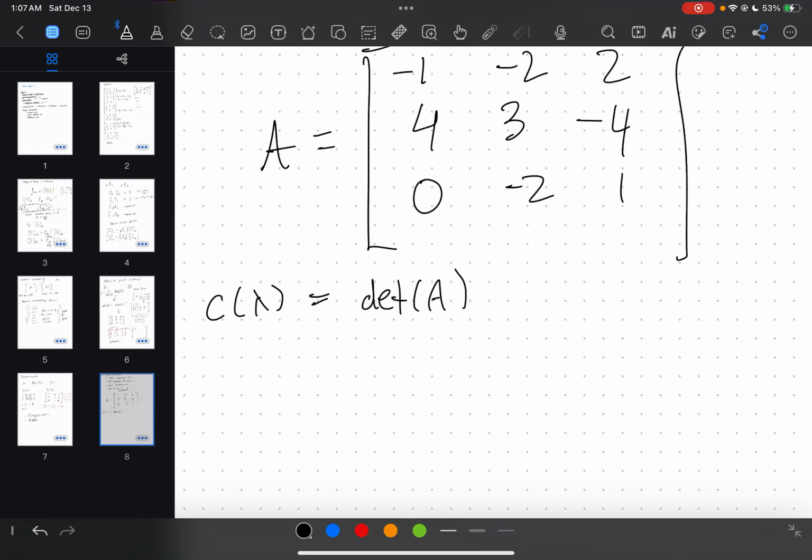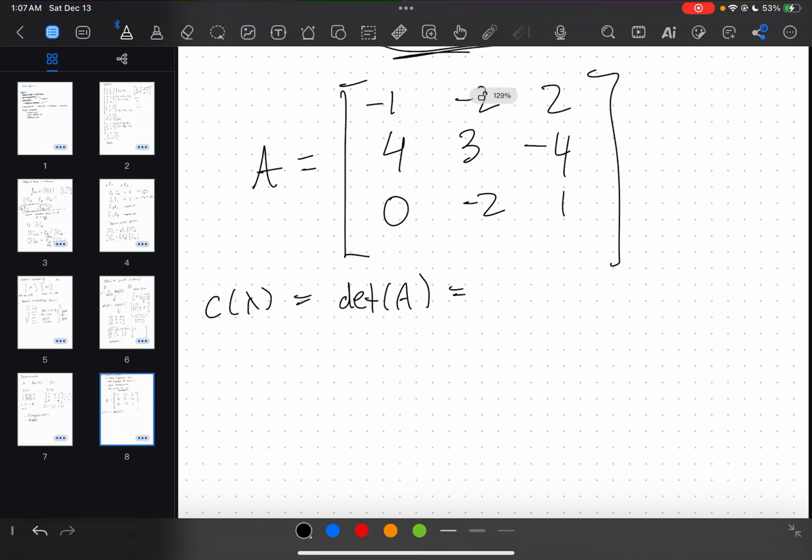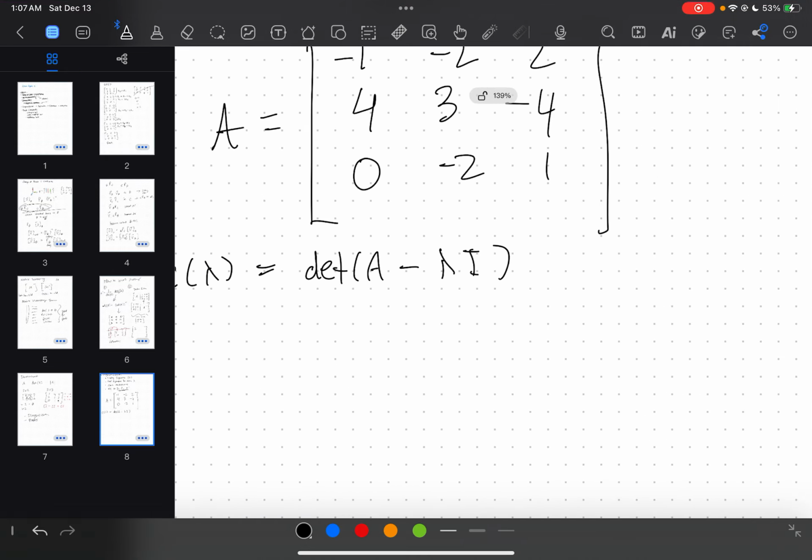Determinant of A equals determinant of A minus lambda I, where lambda is an eigenvalue, with eigenvalues being the amount that an eigenvector is scaled by, and an eigenvector being the vectors that, when you transform them in the matrix, maintain the same span.